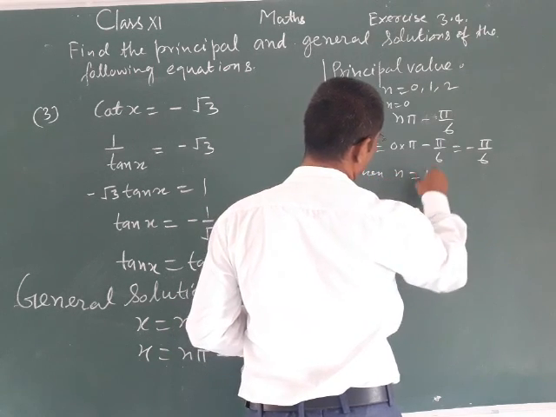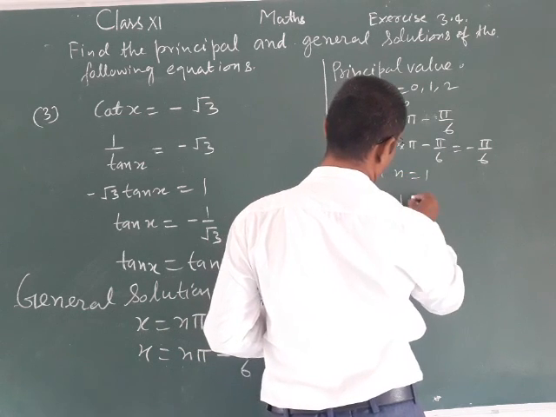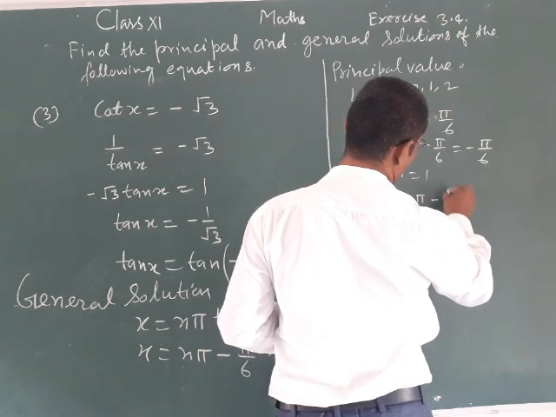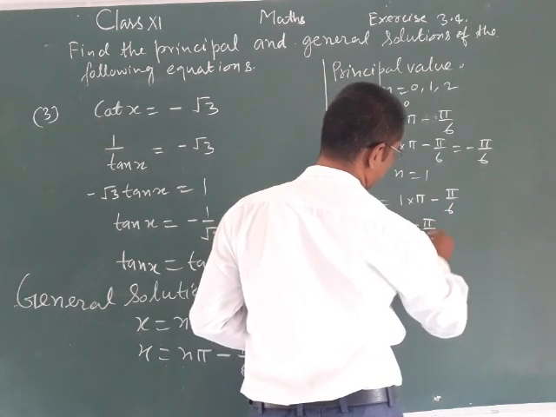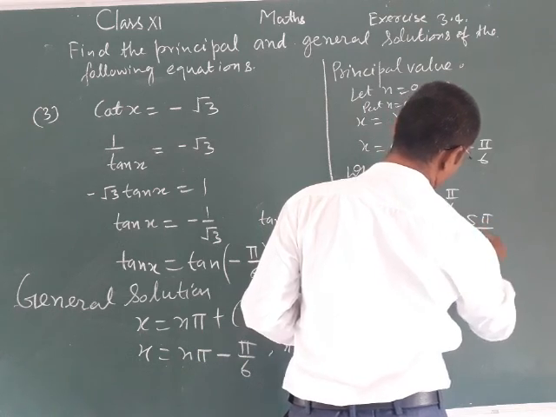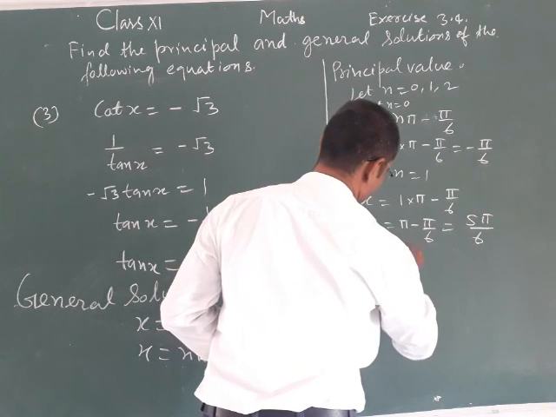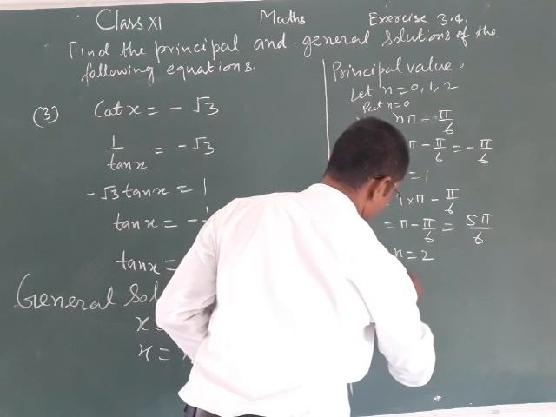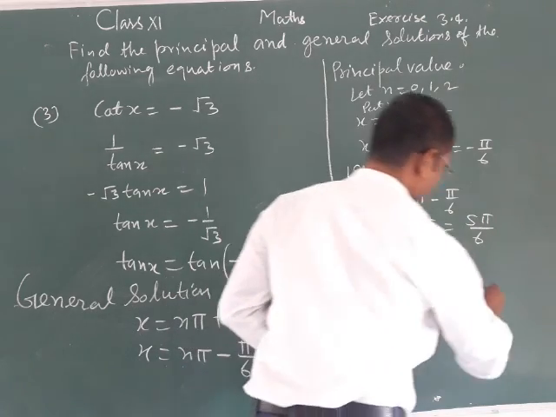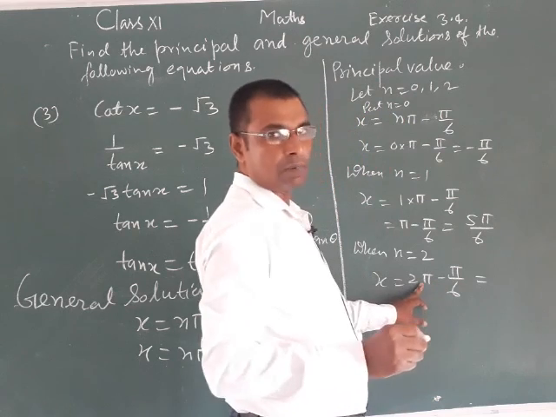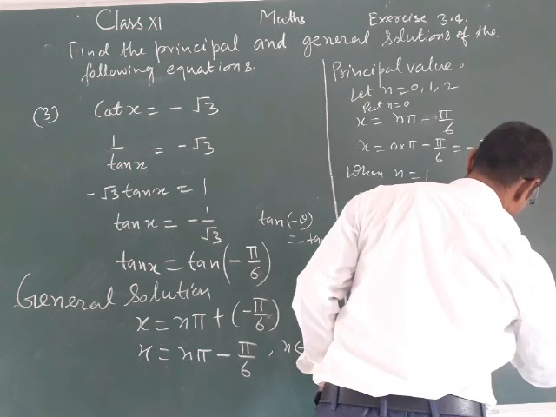When n is equal to 1, x is equal to 1 into pi minus pi by 6, so 5 pi by 6. And also when n is equal to 2, then x is equal to 2 pi minus pi by 6, so 12 pi minus pi by 6, 11 pi upon 6.